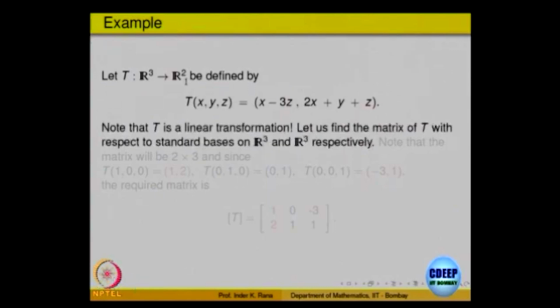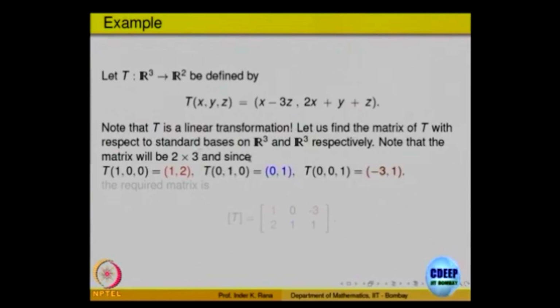So let us fix the standard basis on the domain as well as on the codomain. If I pick R3, what is the standard basis? That is 1 0 0, 0 1 0 and 0 0 1, that is i, j, k, and similarly i and j on R2. So let us take the first basis vector in the domain R3, which is 1 0 0.